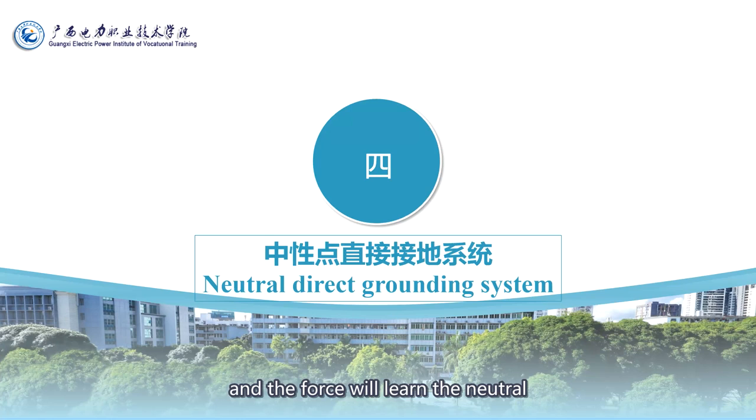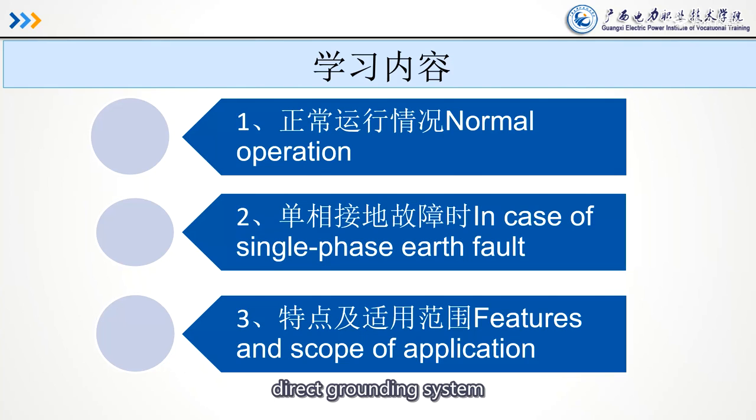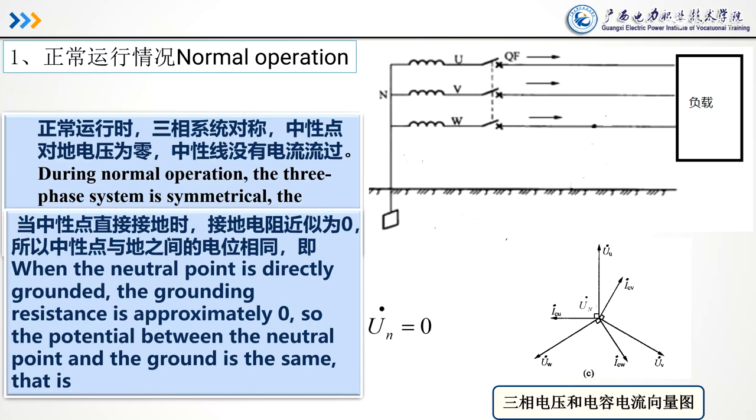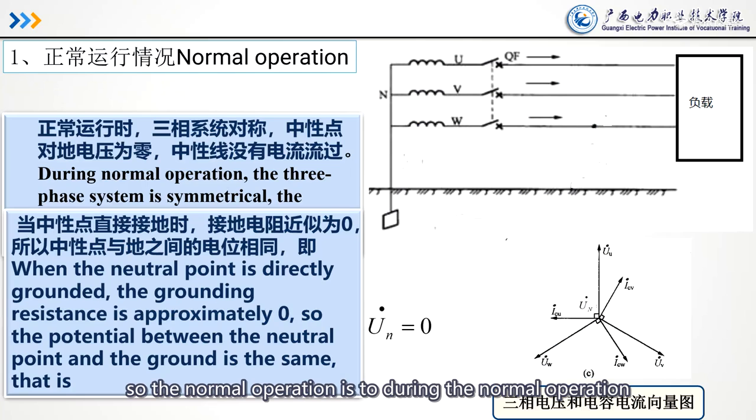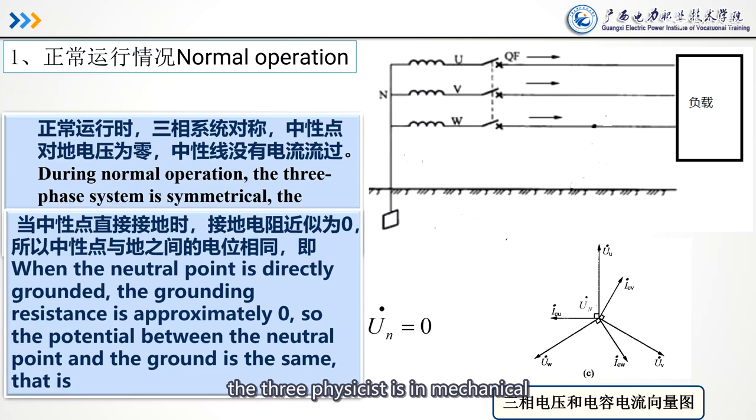And the fourth, we'll learn the neutral direct grounding system, and we also have to learn normal operation and, in case of single-phase earth fault, the features and the scope of application. During normal operation, the three-phase system is symmetrical.